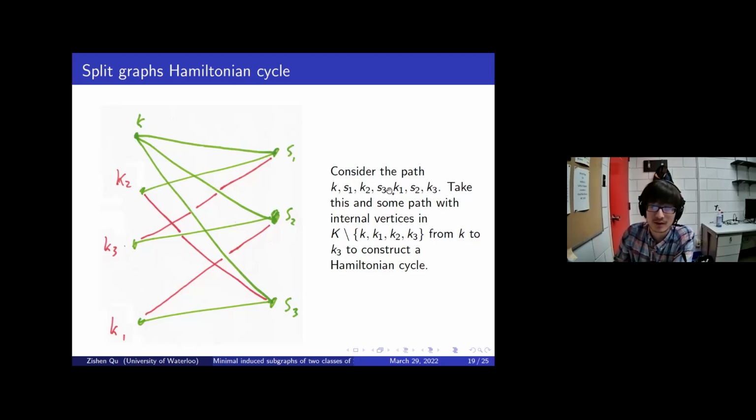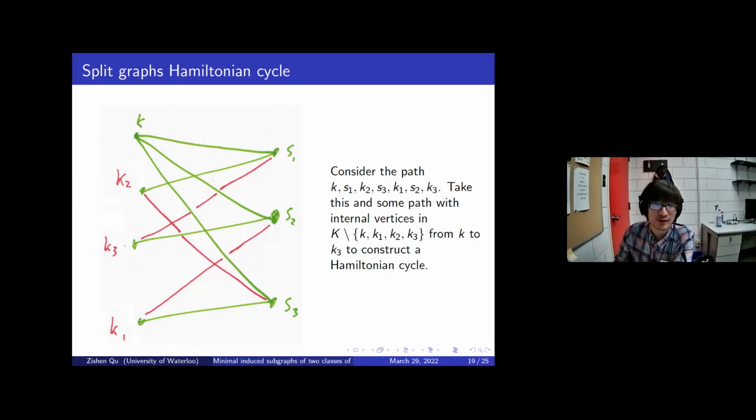So if you take this graph and you just draw the path K, S1, K2, S3, K1, S2, and K3, and then there's a remainder of a clique here. You just make a Hamiltonian path in the clique that connects K3 to K, and then you take those 2 paths, you join them together, and you get a Hamiltonian cycle.